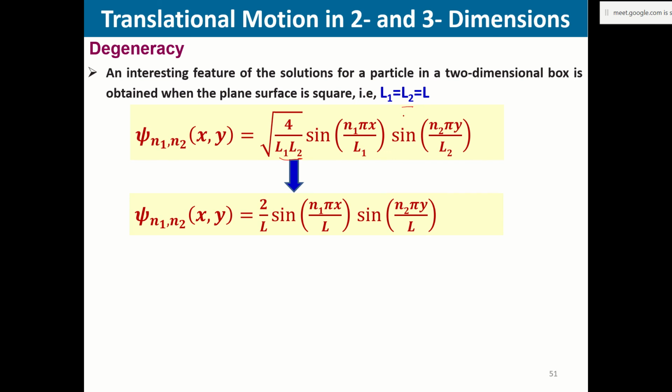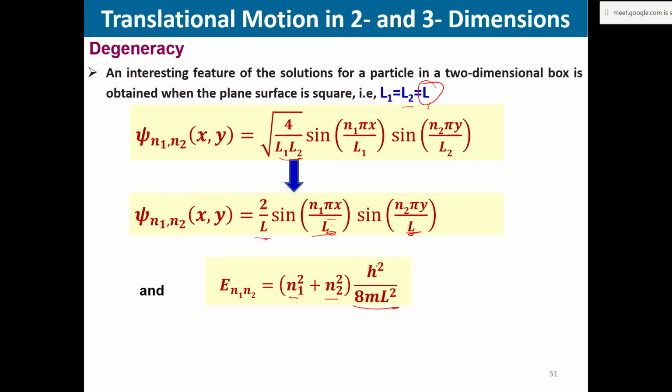L1 and L2 are equal, which is represented by L. So now we can write it in this way. Under root 4 becomes 2, so 2 by L, sine of n1 pi x by L, where L1 and L2 are both equal to L. And the energy will become equal to n1 square plus n2 square, times h square by 8mL square.